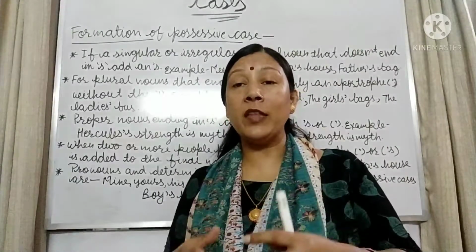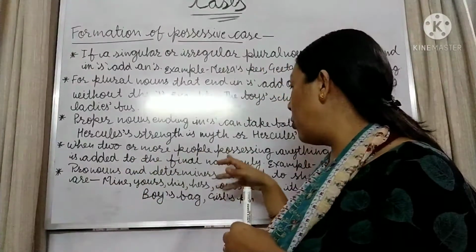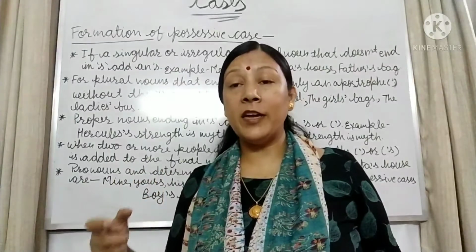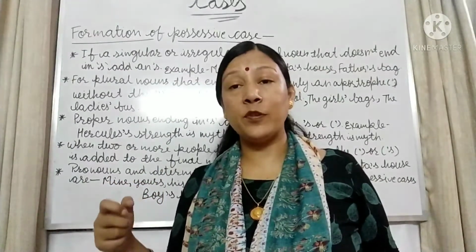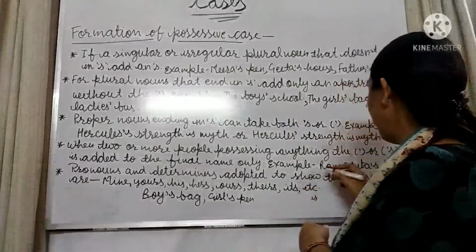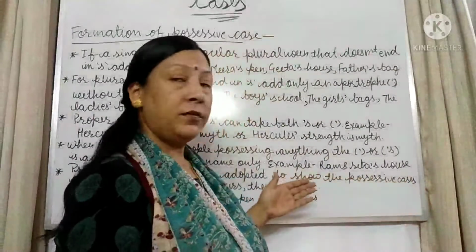So when two or more people possess anything, we add apostrophe s or apostrophe at the last one, right? For example, you can see here Ram and Sita's house. Sita is the last one.